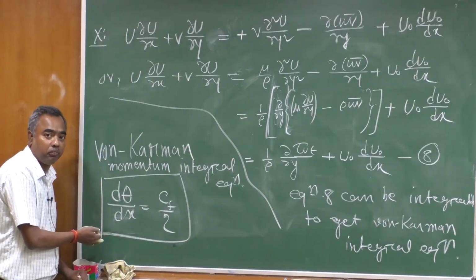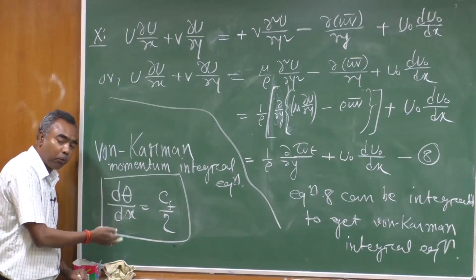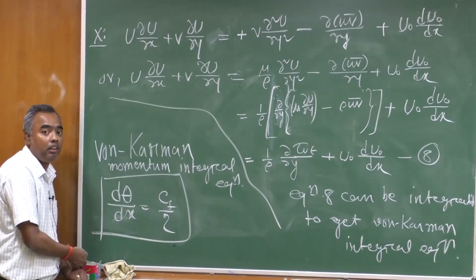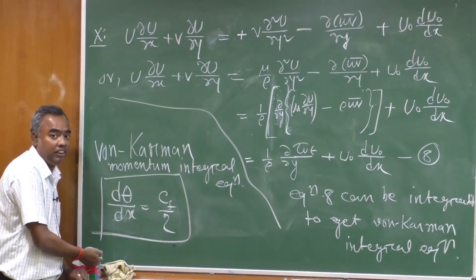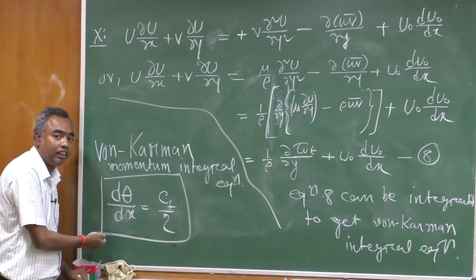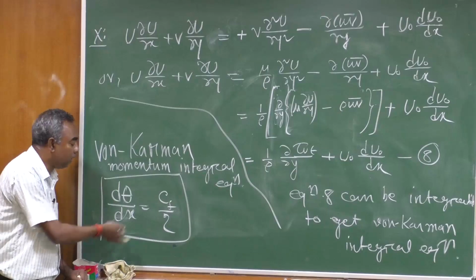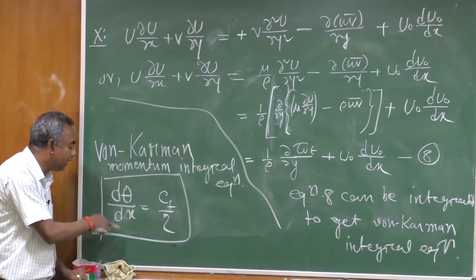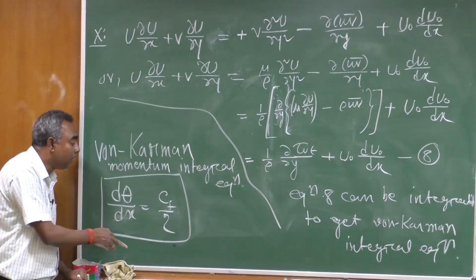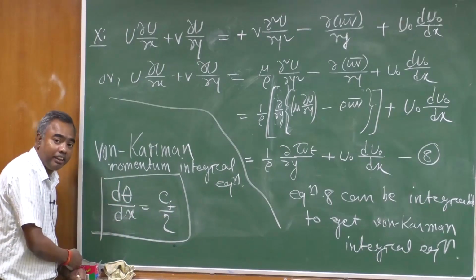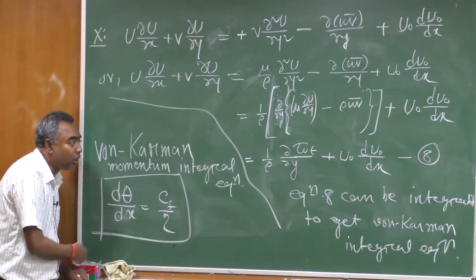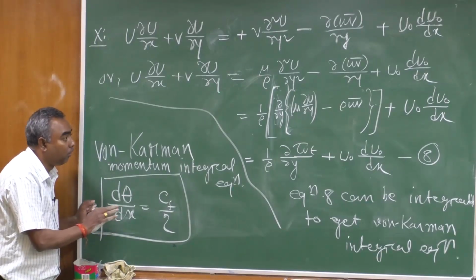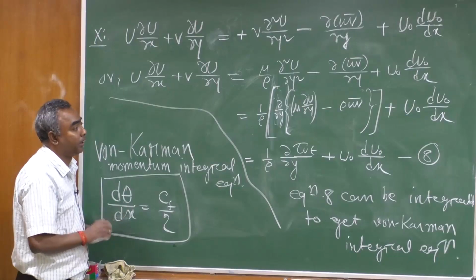That is what it says. The more the flow is retarded closer to the wall, the higher the momentum deficit within the boundary layer, as well as its gradient with respect to x. Okay. So, if somebody can measure this d theta dx, the gradient, in a turbulent boundary layer, he or she will be able to find out Cf also, without using the friction law. So, this is the result of this analysis for the case of the turbulent boundary layer.